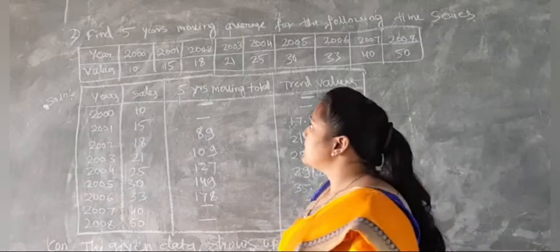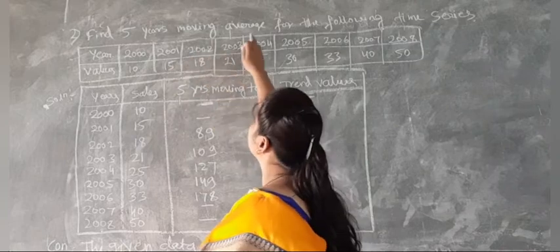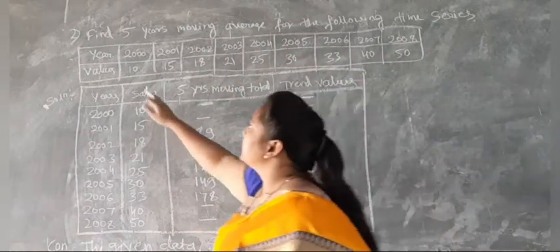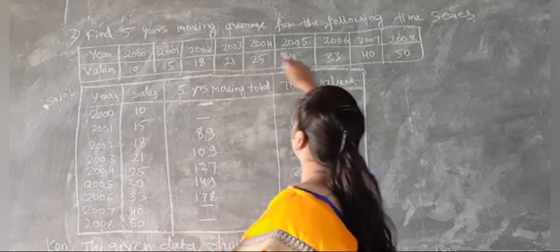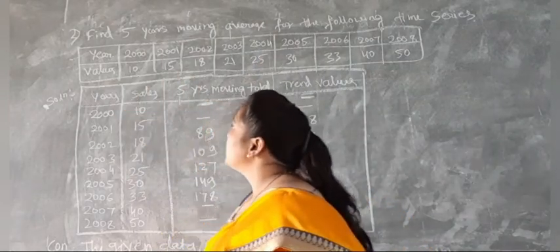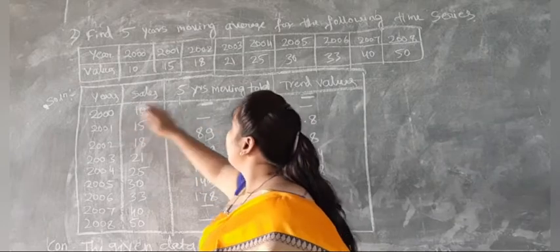This is the question based on 5 years moving average. Find the 5 years moving average for the following time series. These are the years 2000, 2001, 2002, 2003 up to 2008, and these are the values. In the solution part we have to take 4 columns.